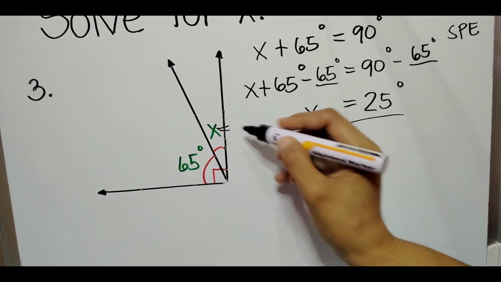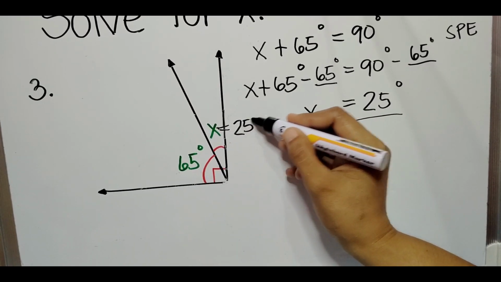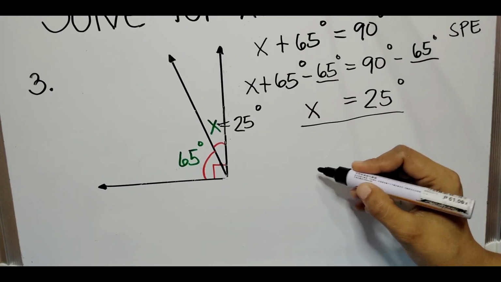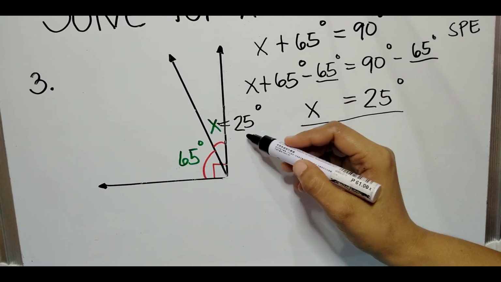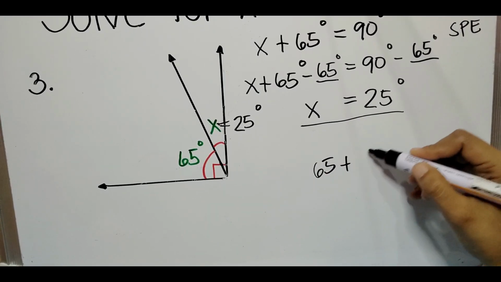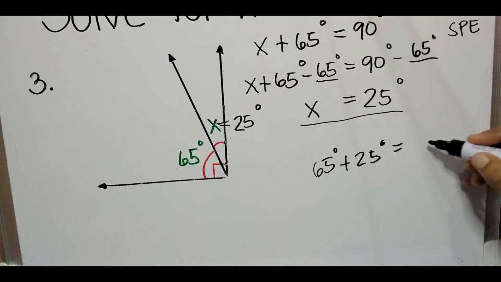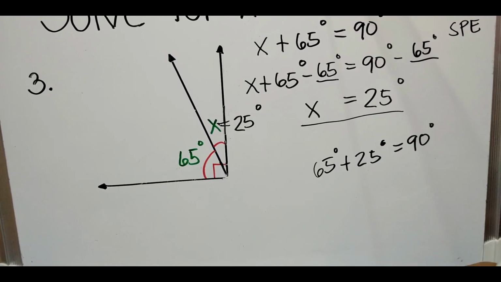The value of x here, for the measure of this smaller angle, is 25 degrees. To check, we will add 65 and 25 degrees. So 65 degrees plus 25 degrees, is it equal to 90 degrees? Yes, the answer is 90 degrees.